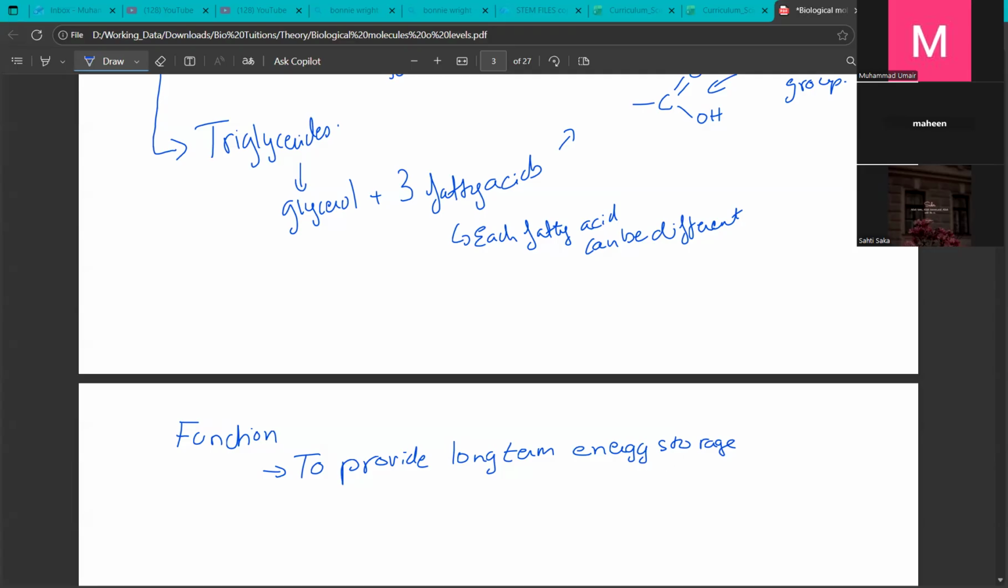Yes, sir. So the second is, and this is generally seen in aquatic animals, it is to provide insulation in cold environments. So if you look at whales, dolphins, sharks, they are very fat in nature. We call it blubber in whales and sharks.